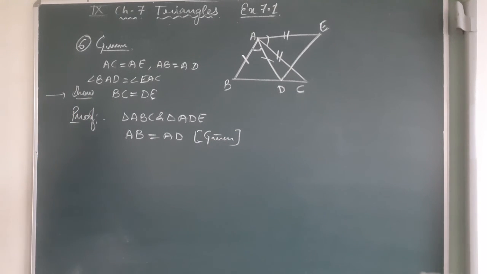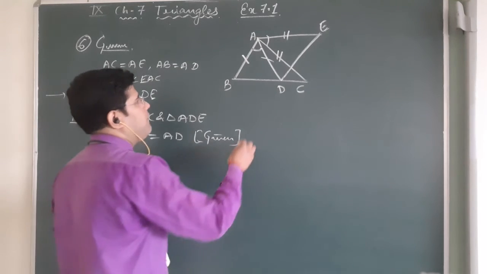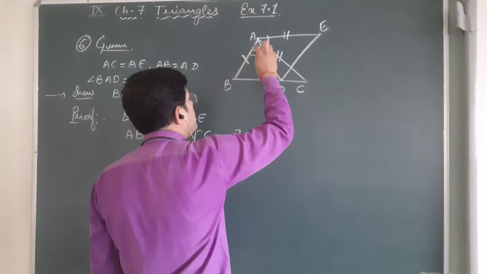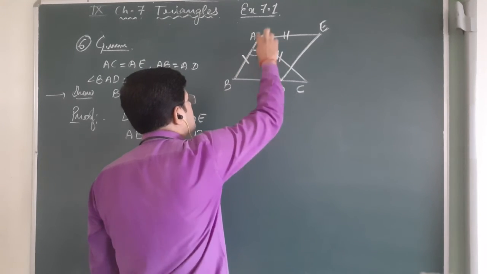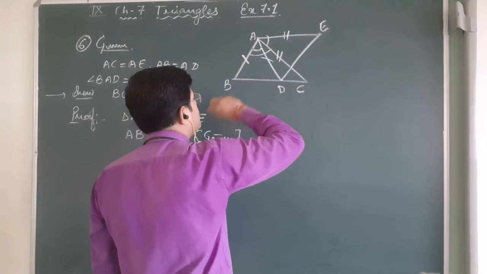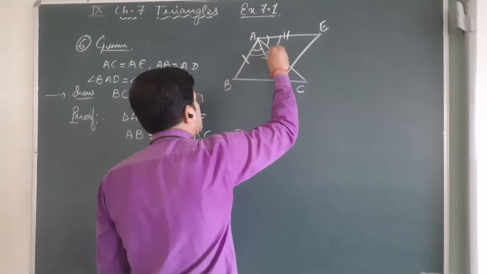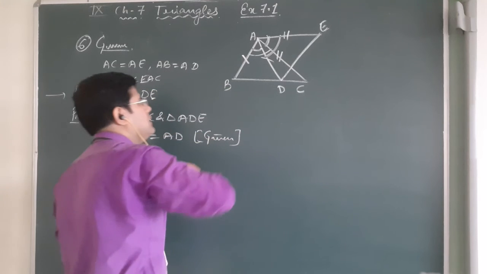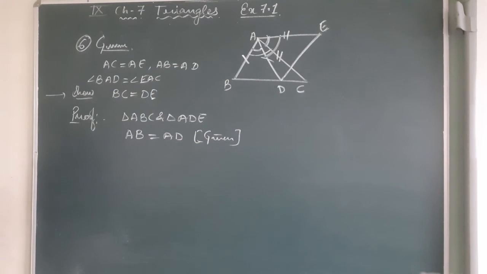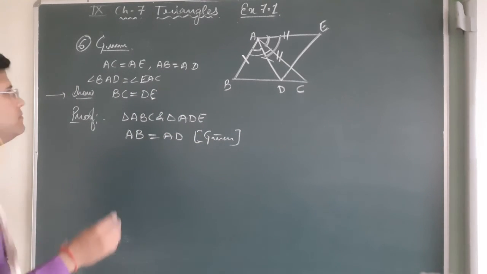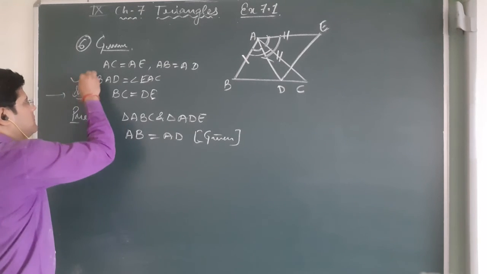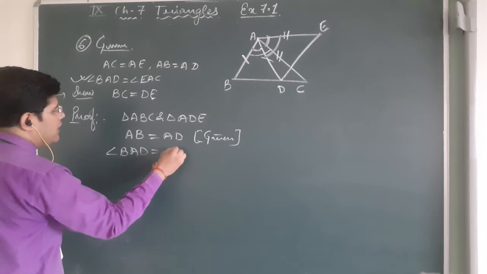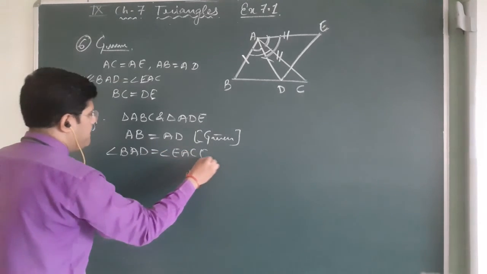But in the second part, you have to take the full angle BAC, not a portion of it, and here also the full angle DAE. But here only parts are given. So first we write the part which is given: angle BAD equal to angle EAC. It is given.